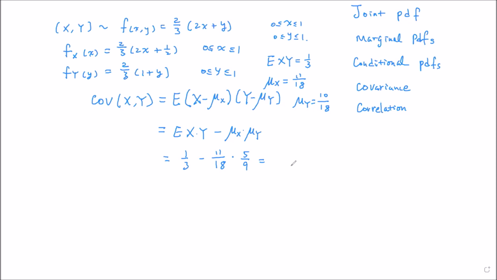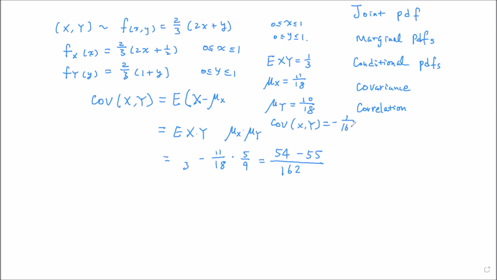So 9 times 18, 162. And I have 54 minus 55. That's negative 1/162. Mu of y equals 10/18, and the covariance of x and y is negative 1/162.